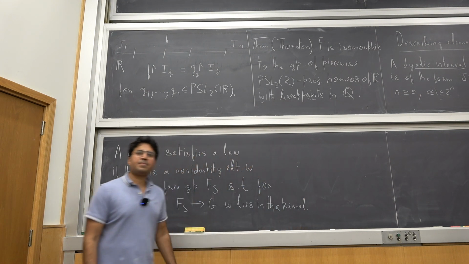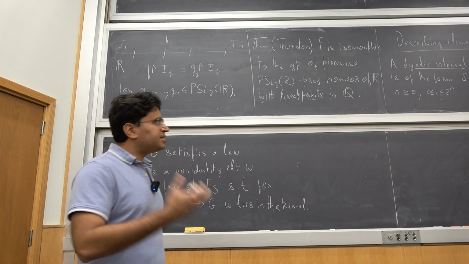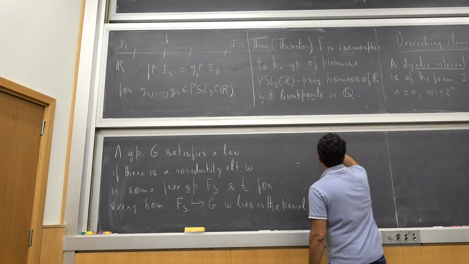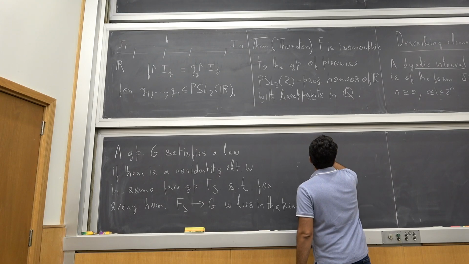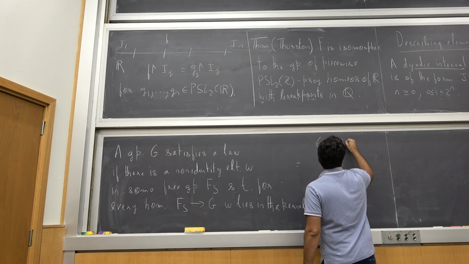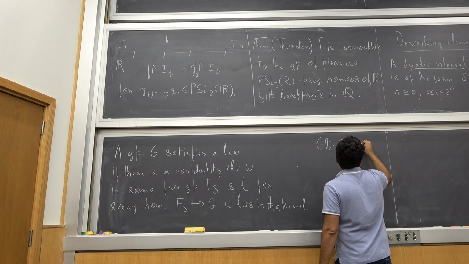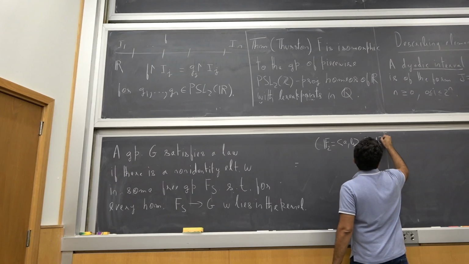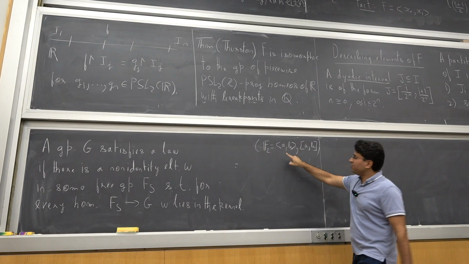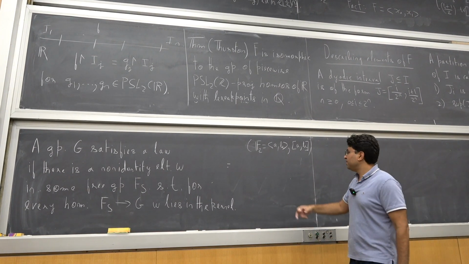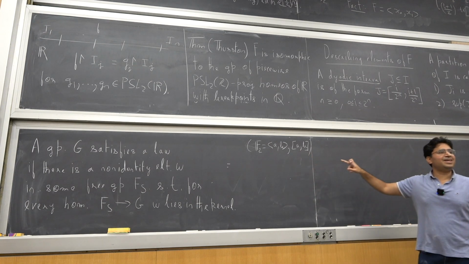Okay? So the first example you should think of is that abelian groups satisfy the following law. If I take the free group of rank 2, freely generated by A and B, and I take the commutator of A and B, then for any homomorphism from the free group to your abelian group, this will vanish, right?